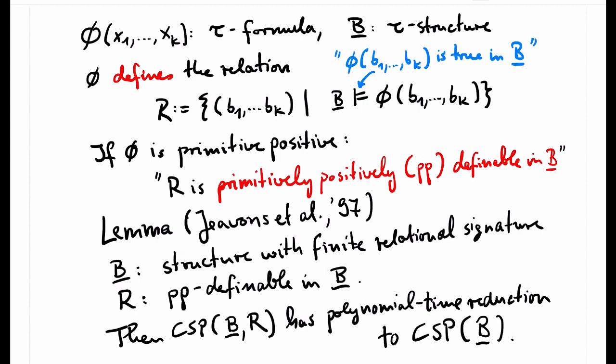A priori, if you add relations to your structure, then the CSP of the resulting structure can become harder. But the lemma says that it does not become harder if the relation that we added is primitively positively definable. The reason is that the new relation can be eliminated. We will see how this can be done, but before I will illustrate how useful this is at an example.